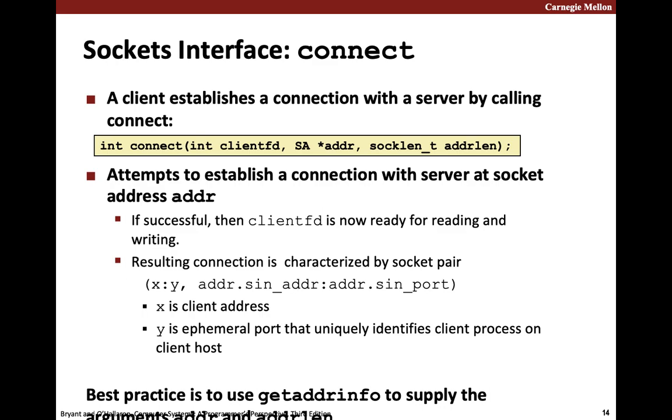You can see how it's represented in this slide as x:y being the client address and the client port, and then on the right side within the parentheses, we have the remote address and the remote port.